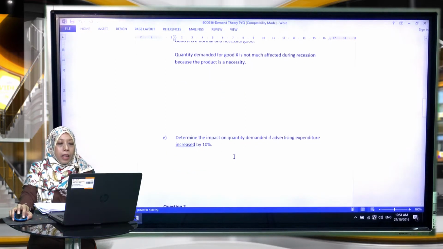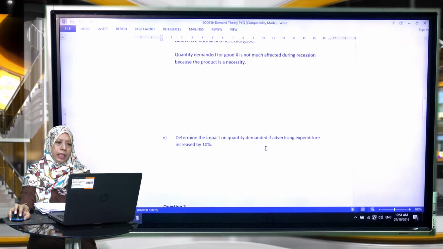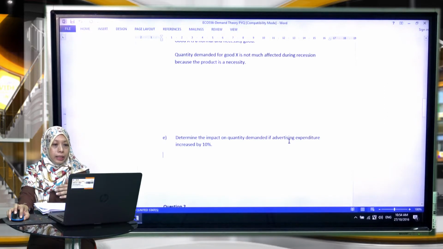And the last one would be determining the impact on quantity demanded when advertising expenditure increases by 10%. Now, when you want to see the percentage change in quantity demanded when advertising expenditure changes, this would require you to calculate advertising elasticity, because by definition, advertising elasticity measures the percentage change in quantity demanded when advertising changes by 1%.